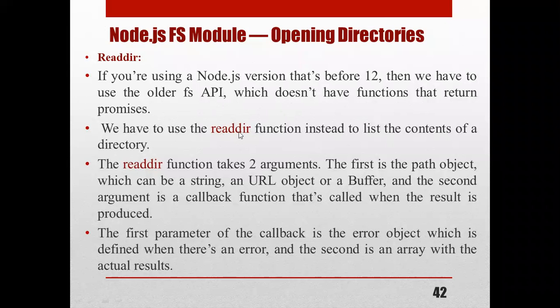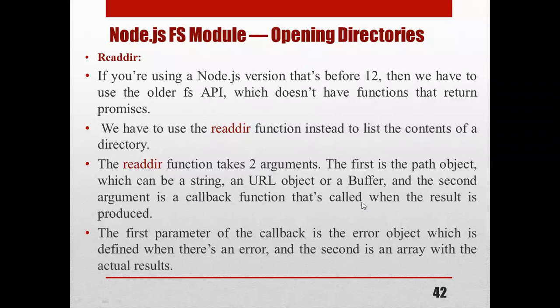So we have to use the readdir function, the read directory function, instead to list the contents of a directory. The read directory function has two arguments. The first one is the path of that directory, which can be a string, a URL object, or a buffer. And the second argument is a callback function.